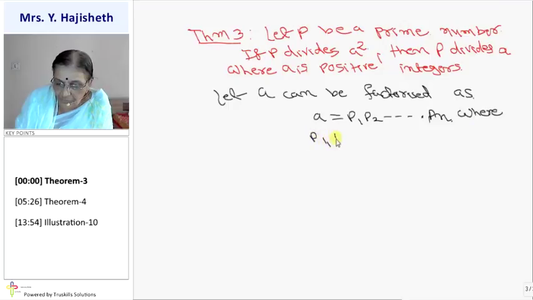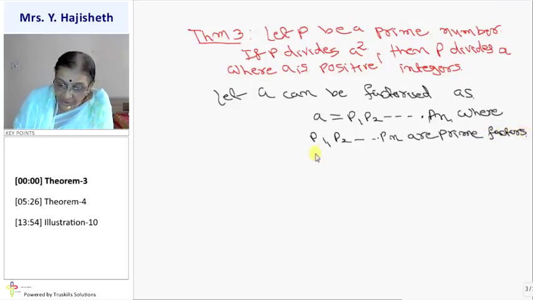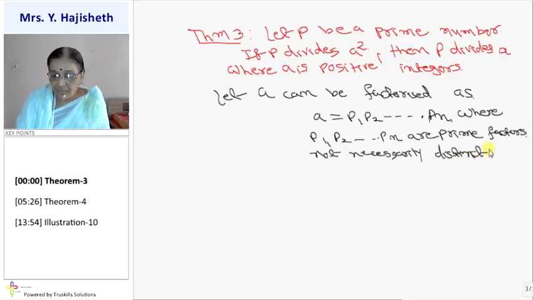P1, P2 up to Pn are prime factors, not necessarily distinct. There can be repetition of the same prime factors also, I don't mind.